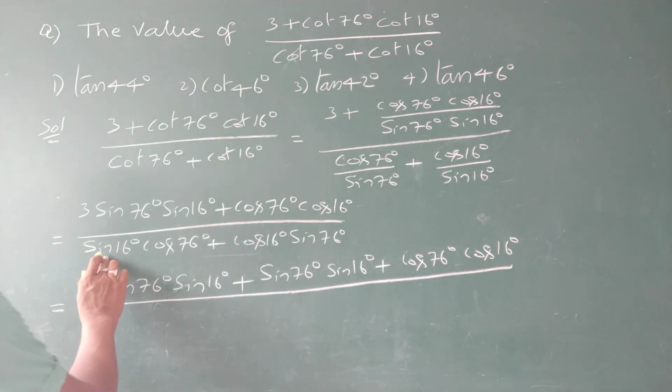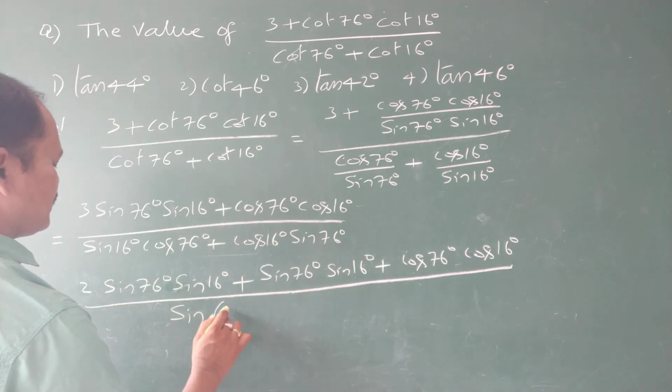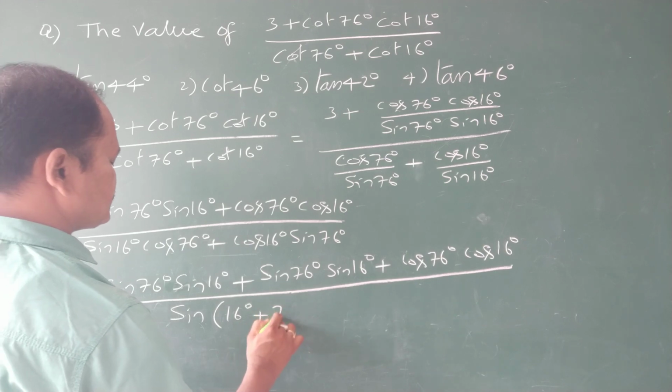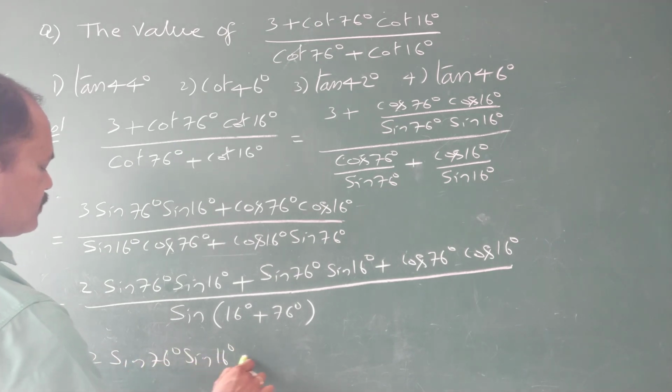This is sin A cos B plus cos A sin B, that is sin (A plus B), that is sin (16 plus 76) degrees. Now this is 2 sin 76 degrees sin 16 plus.